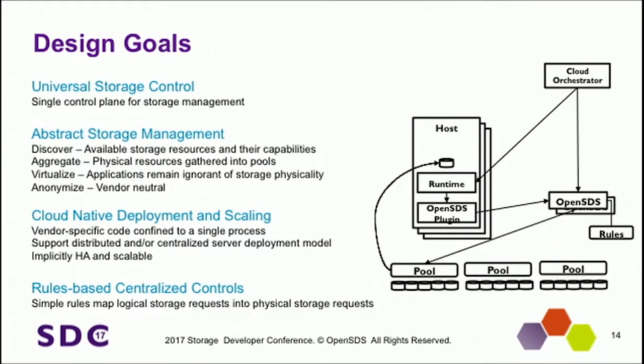Whether you want to aggregate different similar storage into one set of pools, discovery, as well as virtualization, you can do there. We do want to support cloud native out of the box for sure, even in terms of how it scales. That's a challenge today. And then the rule-based controls, which is the policy-based orchestration we are doing.